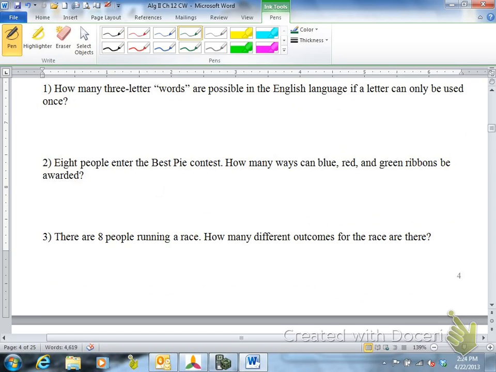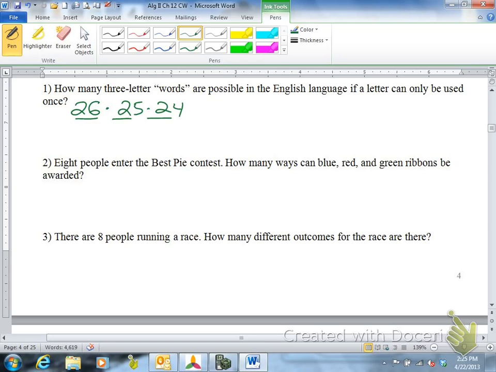How many 3-letter words are possible in the English language if a letter can be used only once? So in a previous lesson, we could do it this way. You have 3 positions to fill. You have 26 letters in the English alphabet, and you're only using each letter once. So you have 26, and then 25, and then 24. So that's how we did it on the last section.